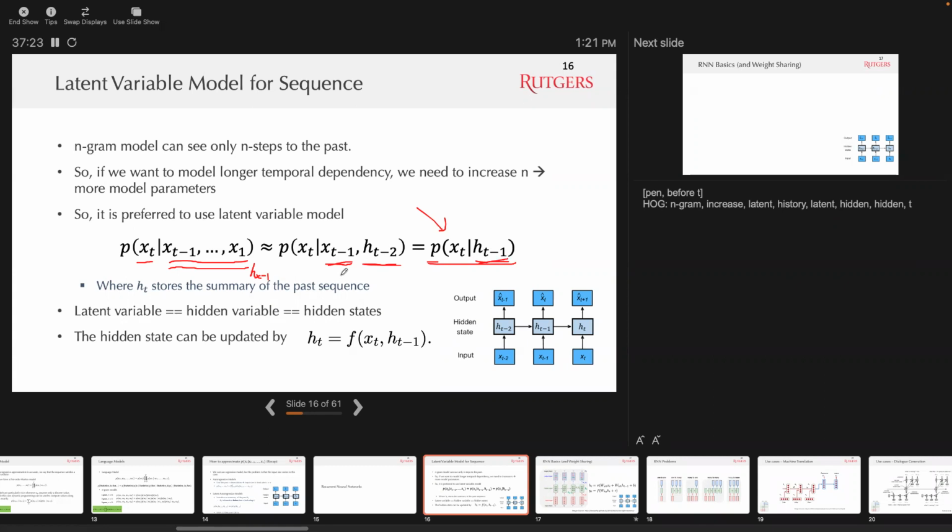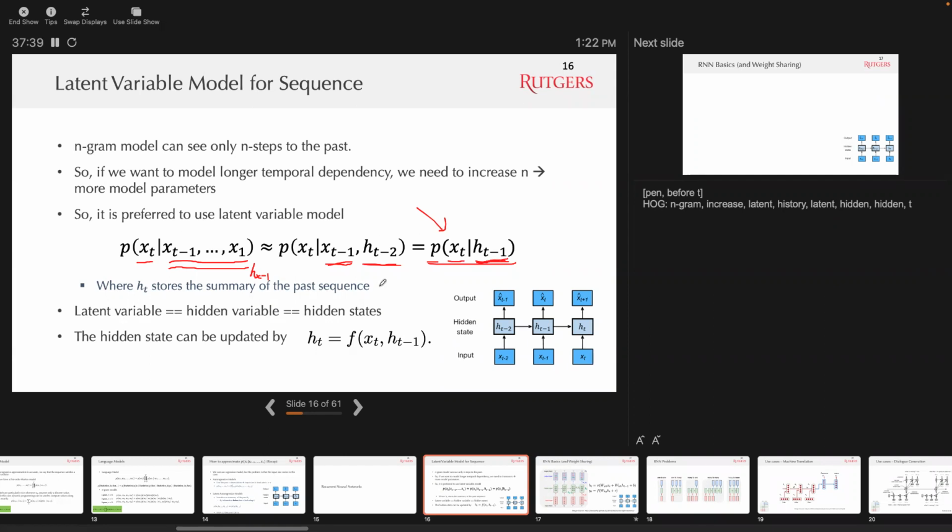So this is all very intuitive and natural. This is the prediction part: you get your history and you predict the next value.